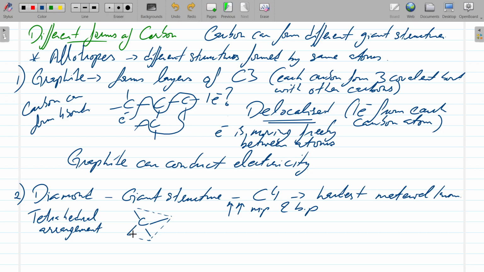Sort of. Right, if you take a look at the book, you get a much better illustration. And because there are no free electrons over here, it does not conduct electricity, obviously.